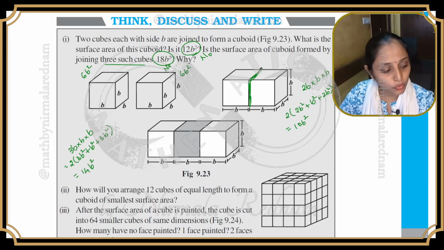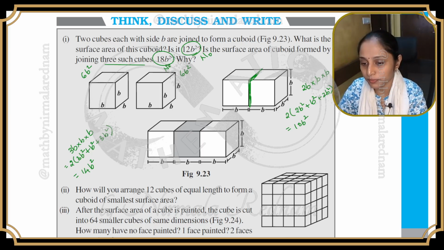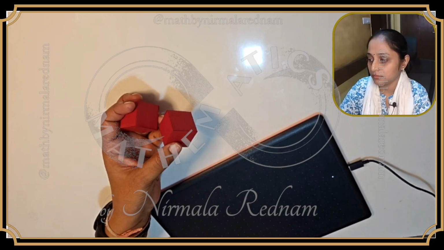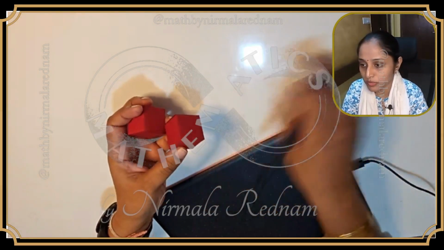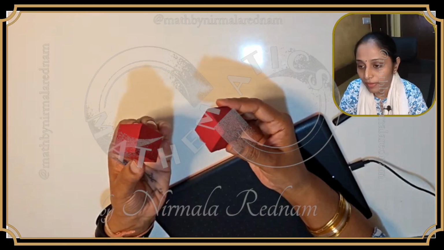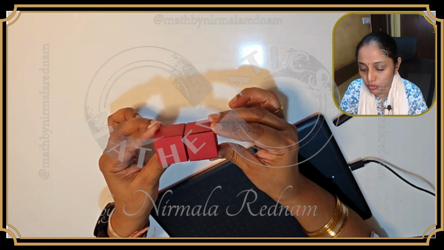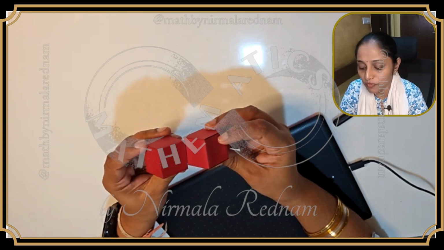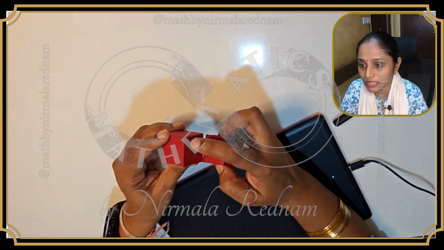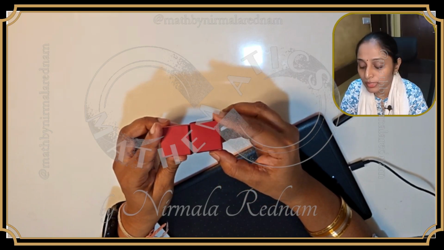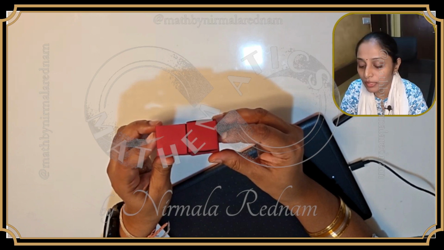Let me show you with the cubes. Here I've got two cubes, right? So when I'm joining these two cubes, you can see that this face of this cube and this face of the first cube are going to become a part of the interior.